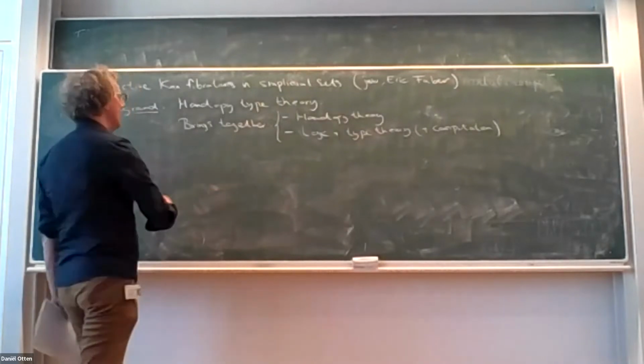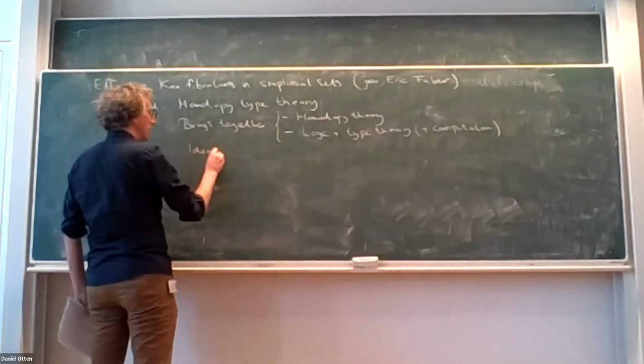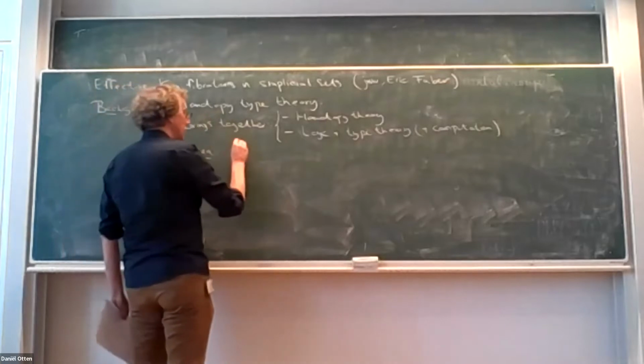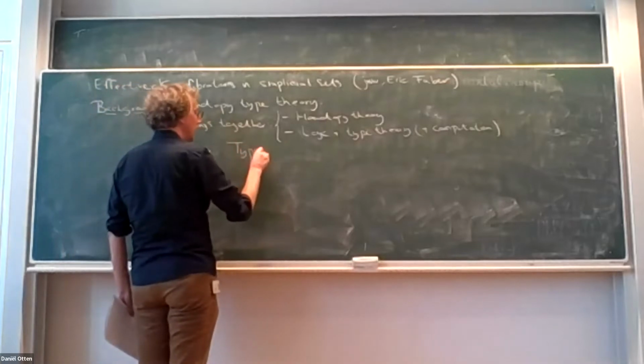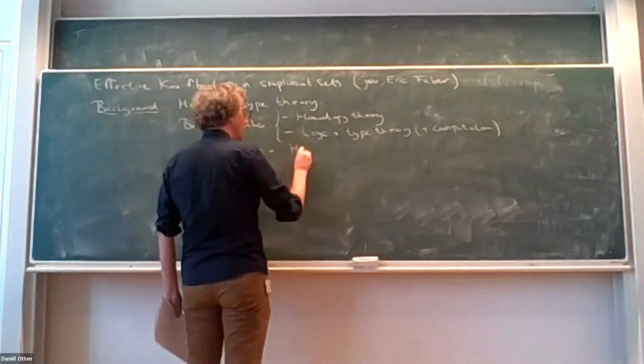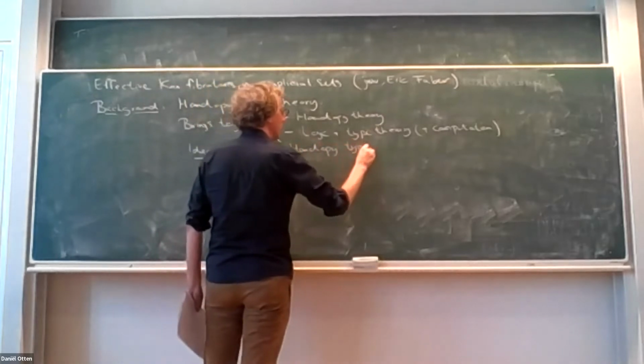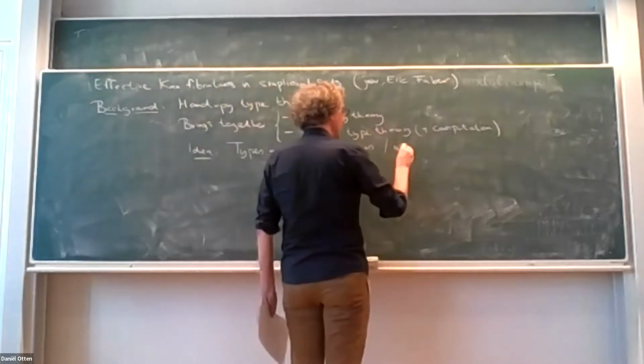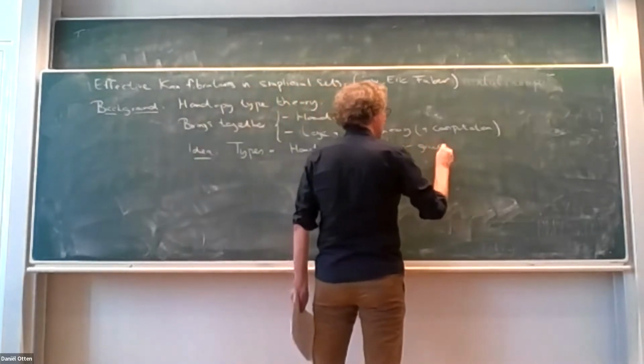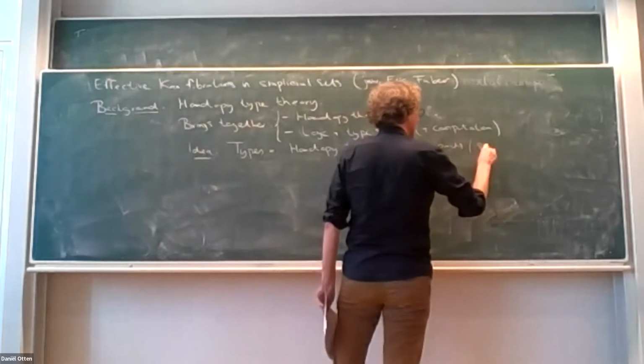So the idea really of this whole area of homotopy type theory is that we want to interpret types as homotopy types, or you could say infinity groupoids, spaces.